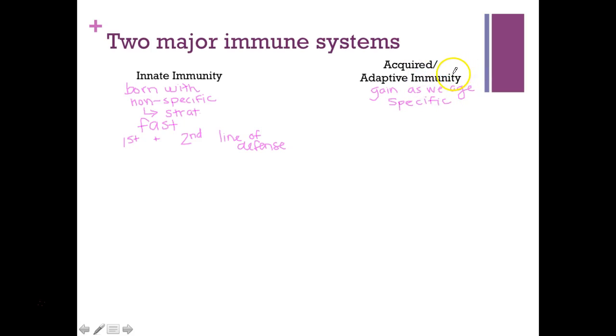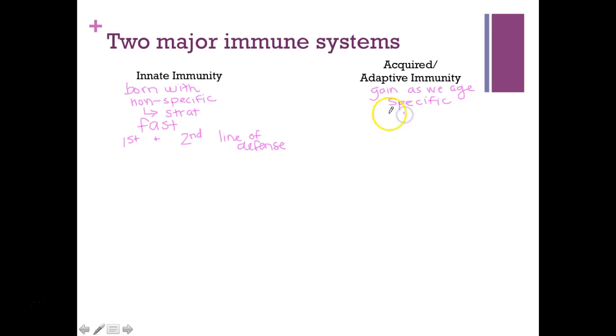You come into contact with a pathogen, look at its antigen, and you have to find a specific receptor or antibody that is made for that antigen, and then a reaction occurs. So it's very specific. You tailor your fight within your immune system to the specific pathogen.